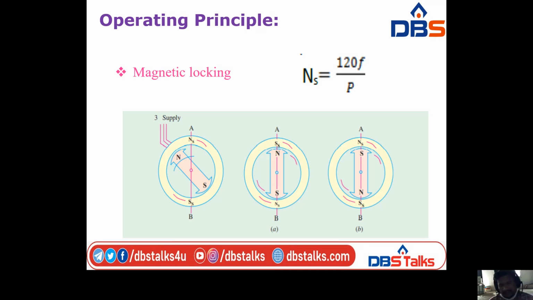So the three-phase supply to the stator develops a rotating magnetic field rotating with synchronous speed Ns = 120f/P.